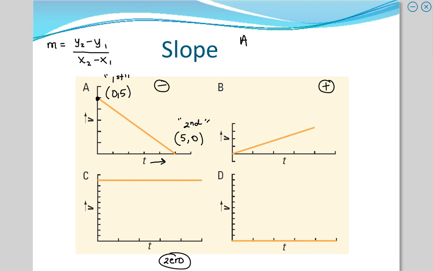So for A, what would y2 minus y1 be? First of all, where is y2? Well, it'll be over here. So we have 0, take away, what's the other y? 5. 0, take away 5. And on the bottom you have 5, take away 0. And then just do them separately. What's 0 minus 5? And then 5 minus 0. And then negative 5 divided by 5 is negative 1. The slope is negative 1, which means that when you go to the right once, you go down once.